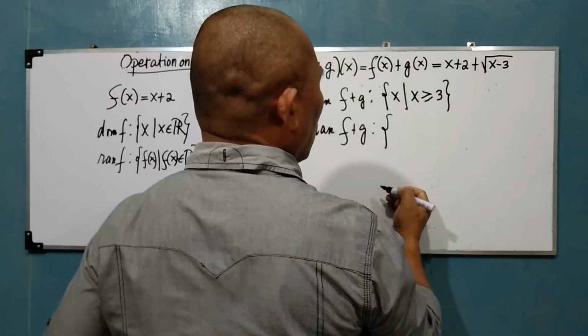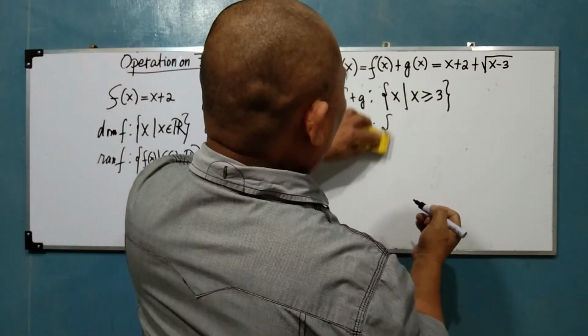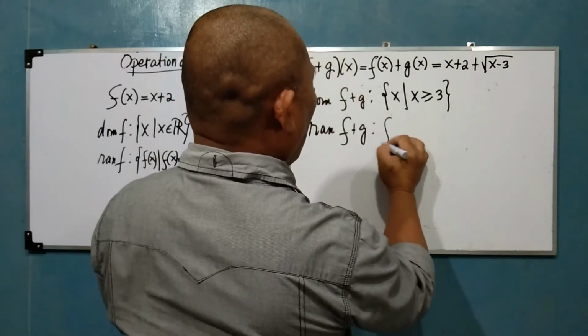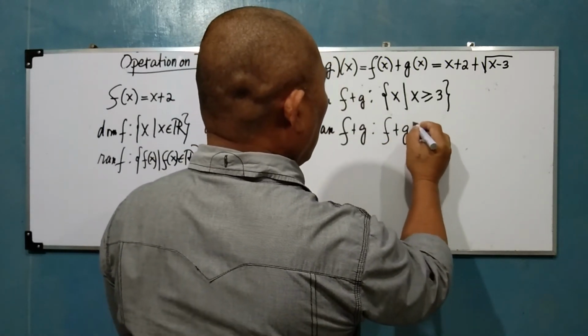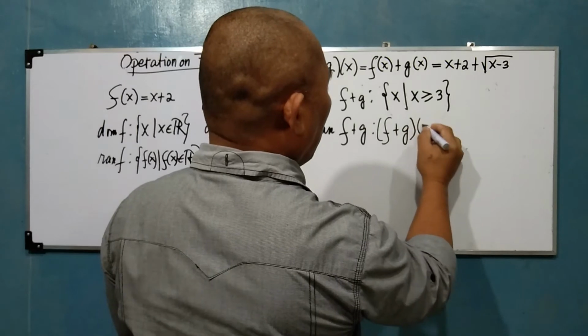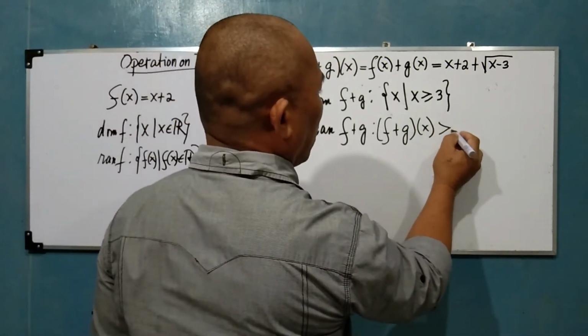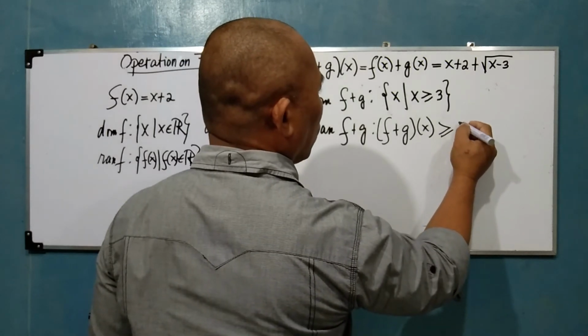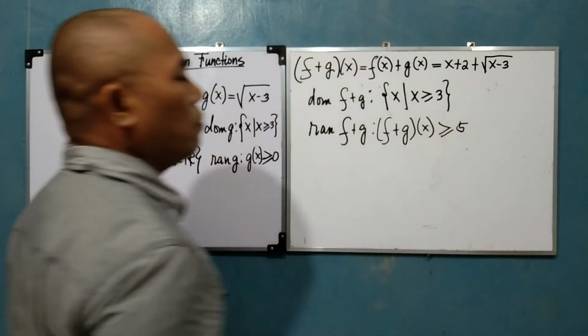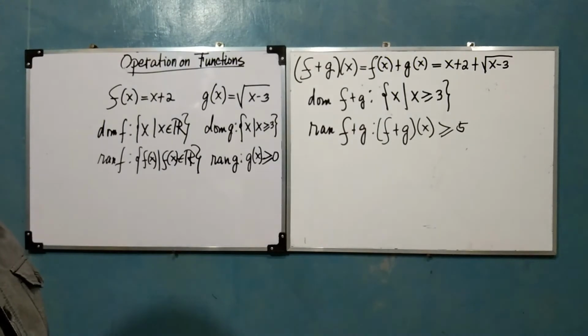Okay? So the f plus g of x values are greater than or equal to 5. Okay?